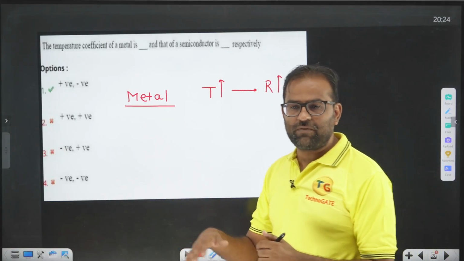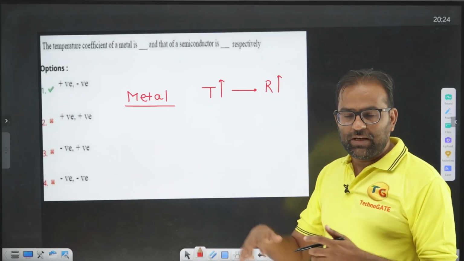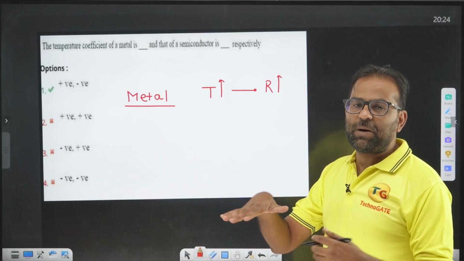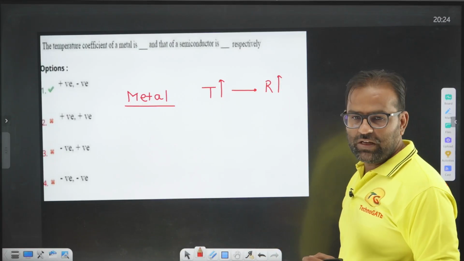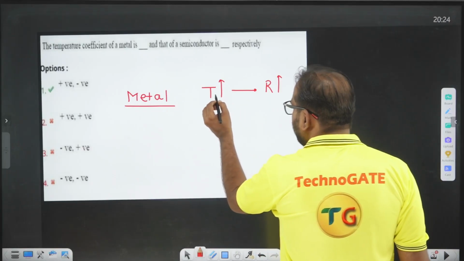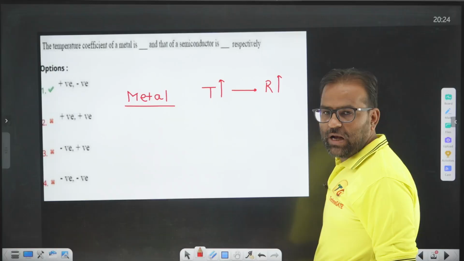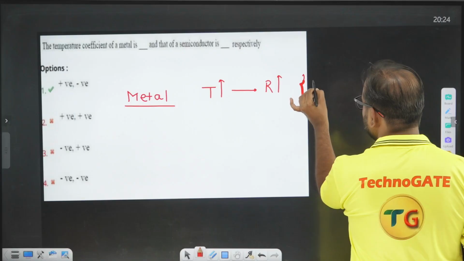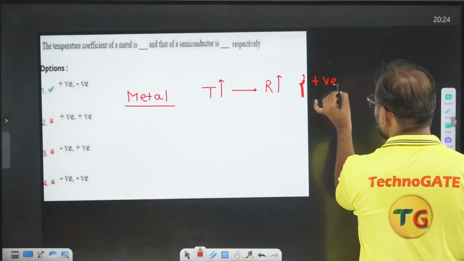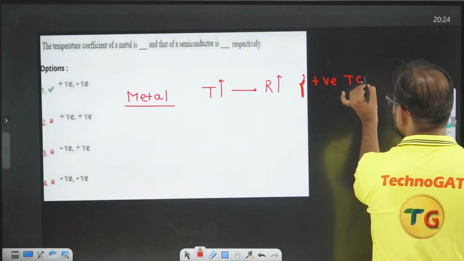If electrons vibrate, it will cause a resistance in the path of one moving electron. That's why resistance will increase. And if resistance is increased due to rise in temperature, we call this material a positive temperature coefficient material.